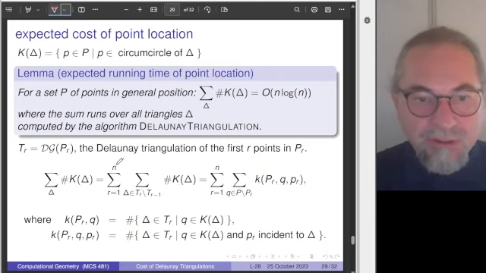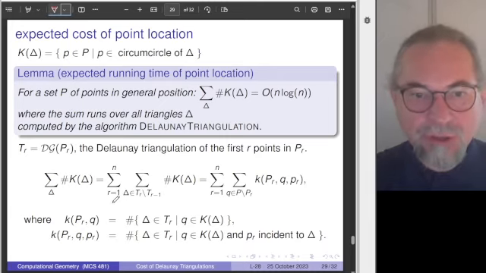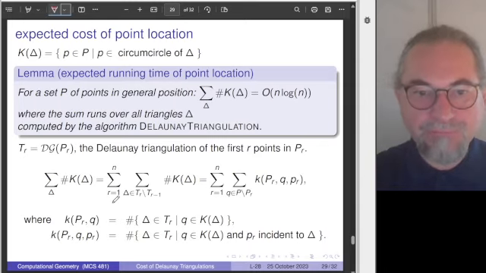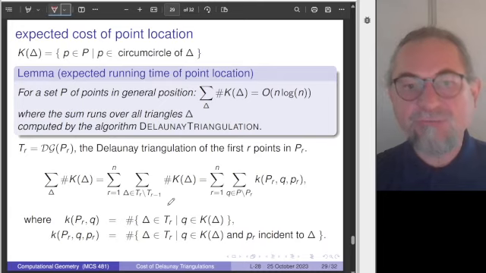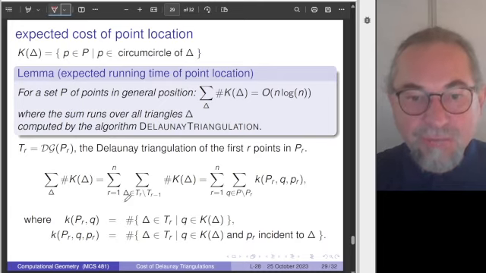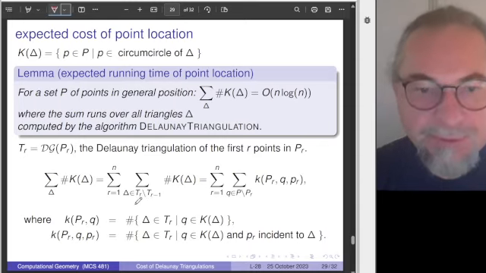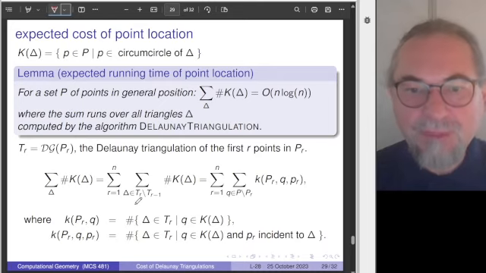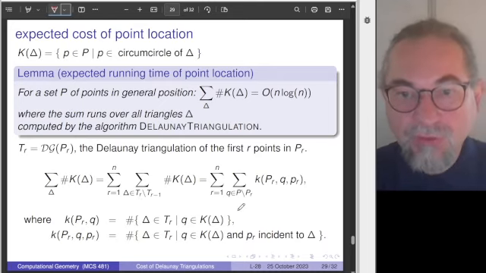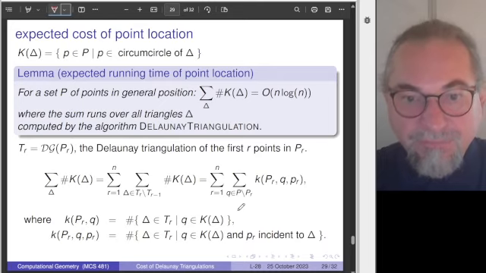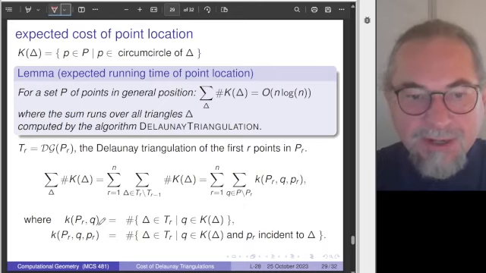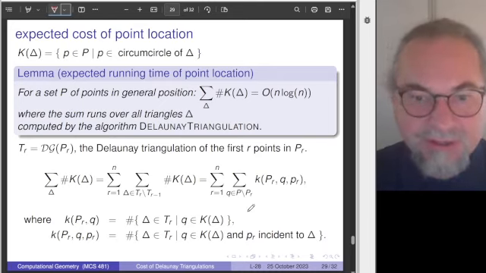So we are having our incremental construction. We are considering the points one after the other. r is the index of the points. And then the number of new triangles is the difference between the triangles in the r-th step minus in the previous step. We can also reformulate this by using this notation with a little k that involves all the other points in the set.